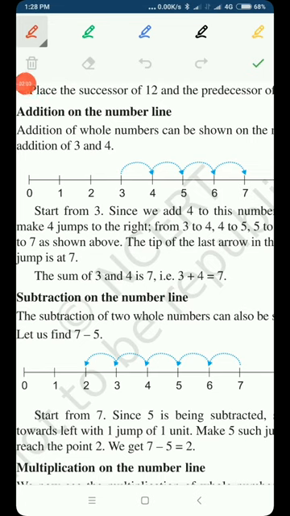Now let's come to our next point, that is addition on the number line. How to do addition on the number line? We all know very well how to add numbers, but now the point is how to do addition on the number line. Let's learn it.